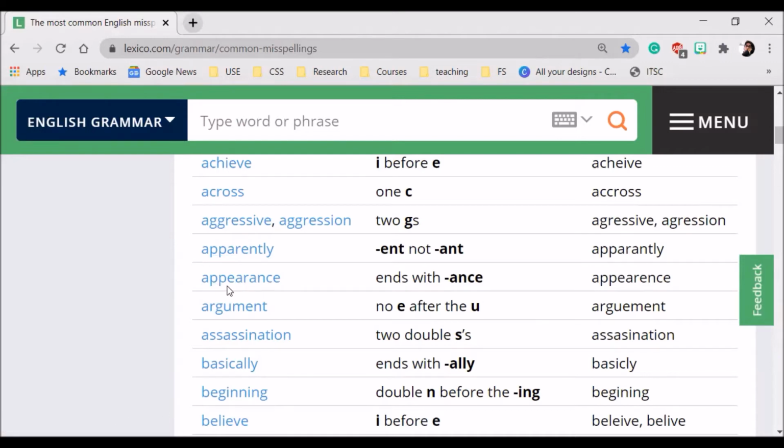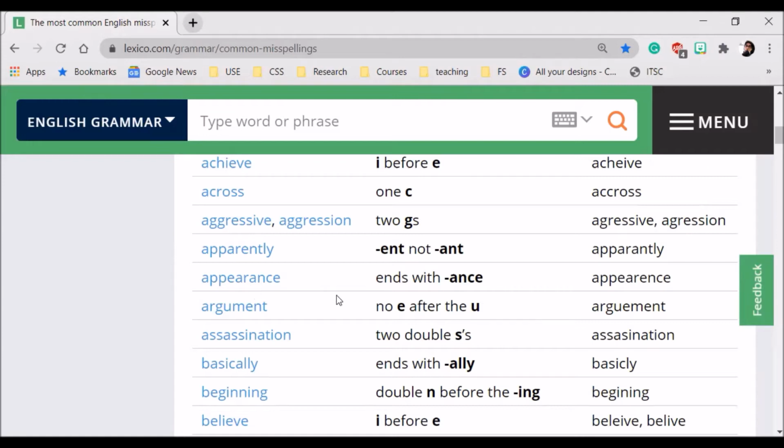Then we have appearance. All you have to remember is it has the spelling of appear. Appear is simple, so common a spelling that you won't make an error in, and then ANCE, not ENCE. So you can remember that it begins with A and also has the suffix with A, ANCE.